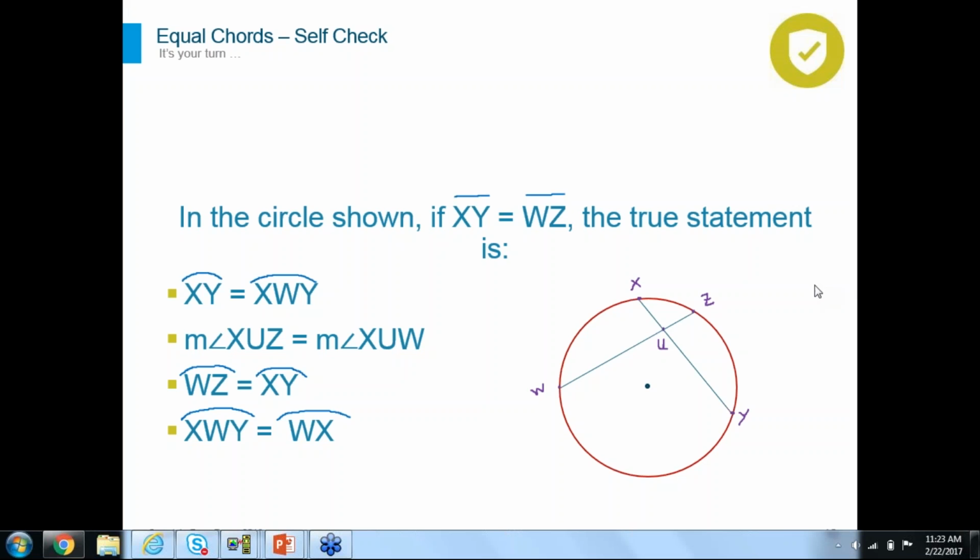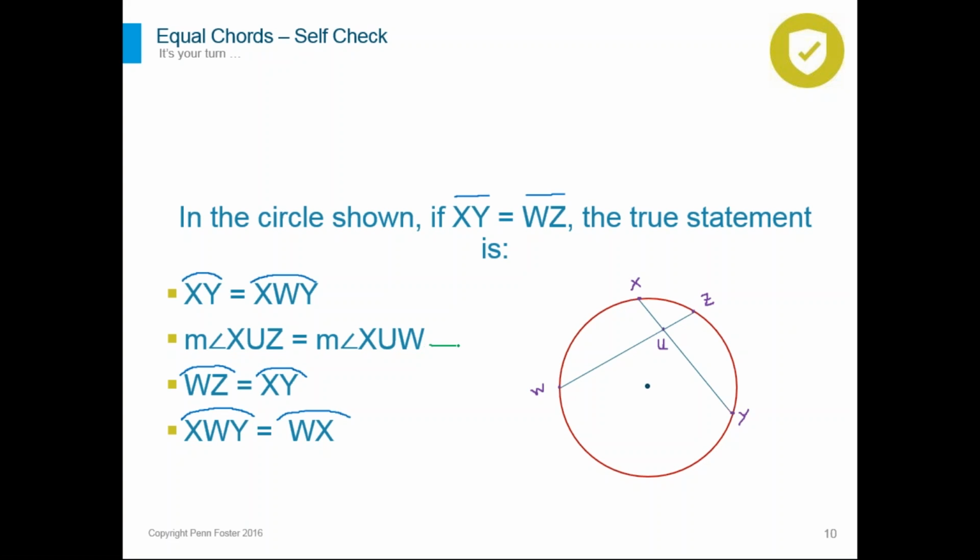Okay, I see that some of you have chosen that choice, saying that this angle measure here, XUZ, equals the angle measure of XUW. And I bet that you have chosen that because the figure gives us the impression that these two angles have the same measure. I'm glad that you have chosen that choice, but I'm bringing your attention to something important.